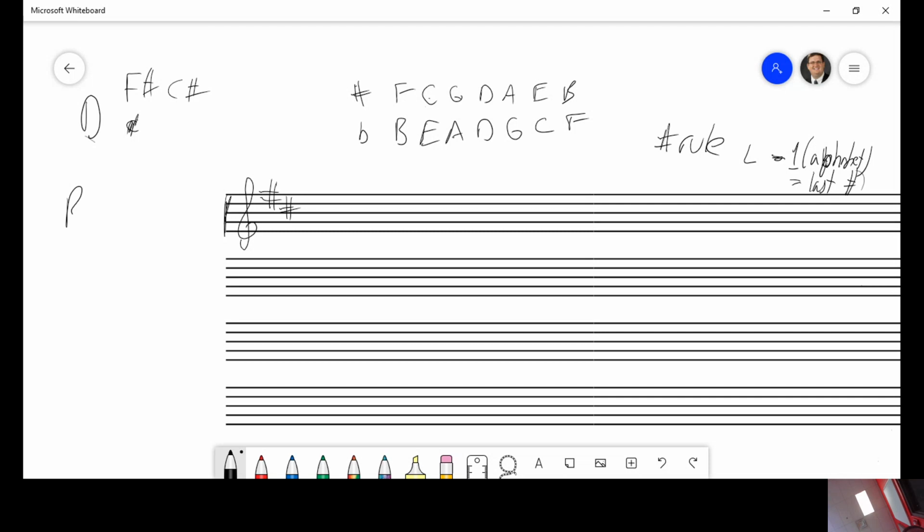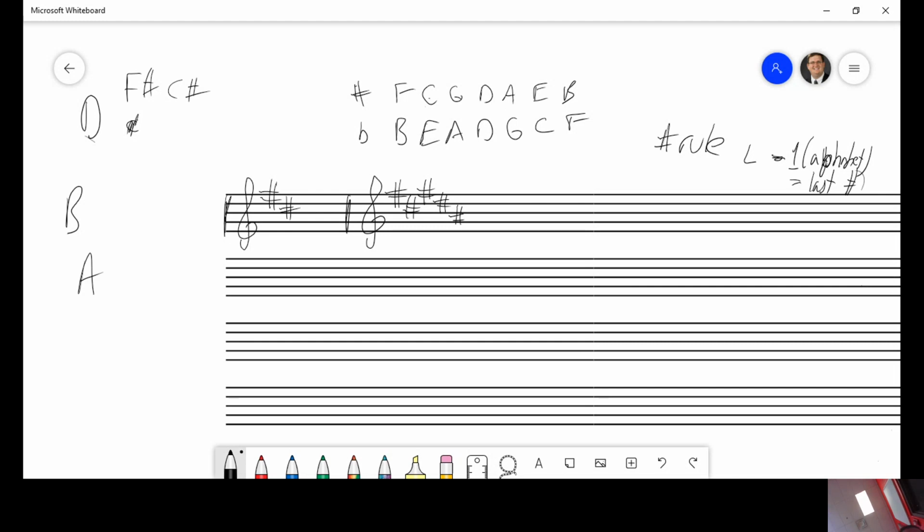If I were to ask for B, go back one in the alphabet, it would be A. Therefore, B has 1, 2, 3, 4, 5 sharps. There it is.